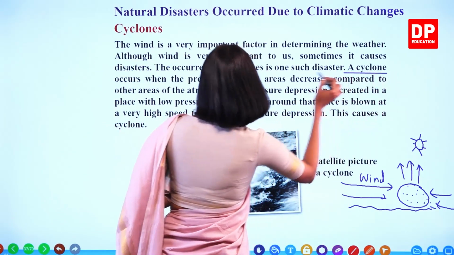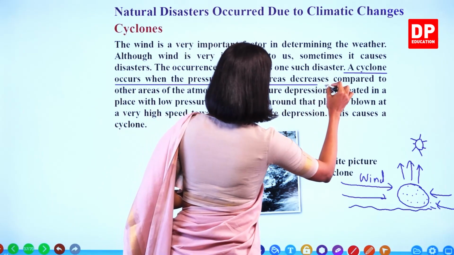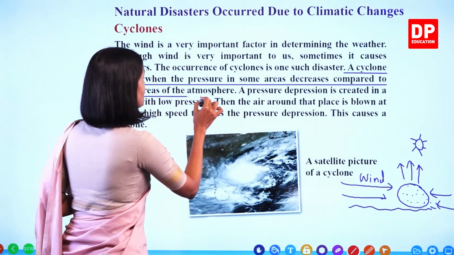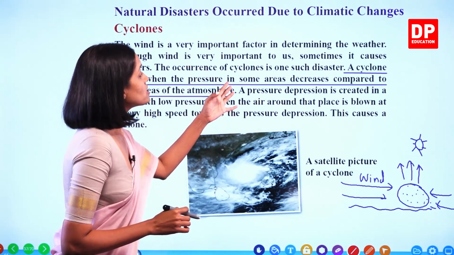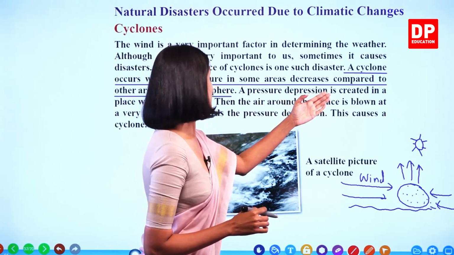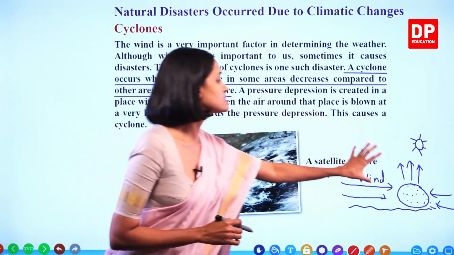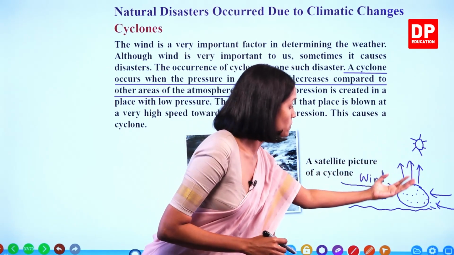A cyclone occurs when the pressure in some areas highly decreases compared to other areas of the atmosphere. Right, children? A pressure depression is created in a place with low pressure. In this type of area, the air pressure is reduced.